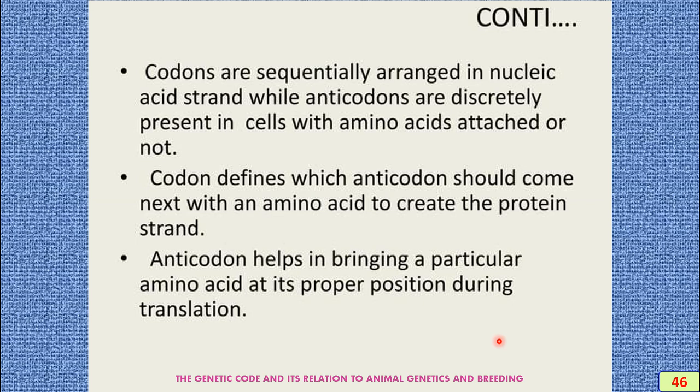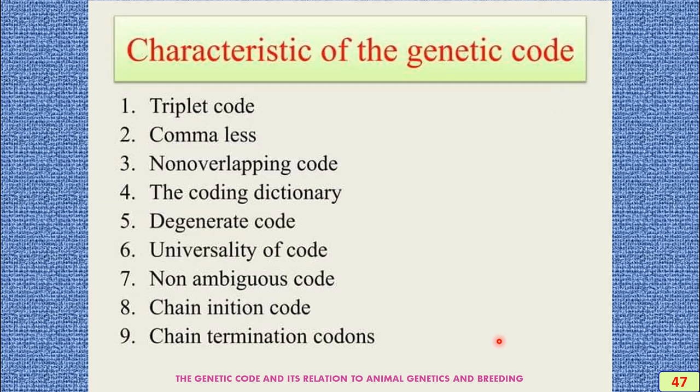So the codon defines which anticodon and amino acid should come next to create the protein strand, and the anticodon helps in bringing a particular amino acid to its proper position during the translation process.